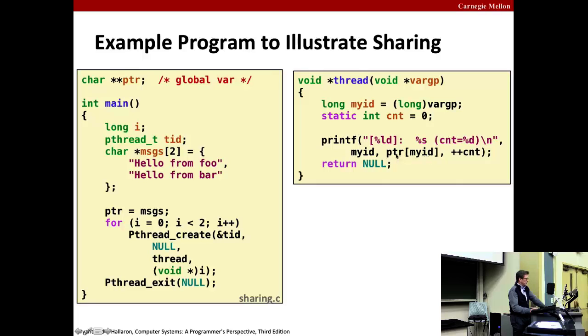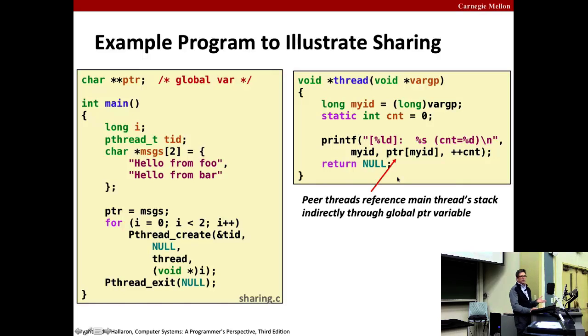So pointer points to messages. Thread 0 will print hello from foo, and thread 1 will print hello from bar. And then we pre-increment the counter variable.